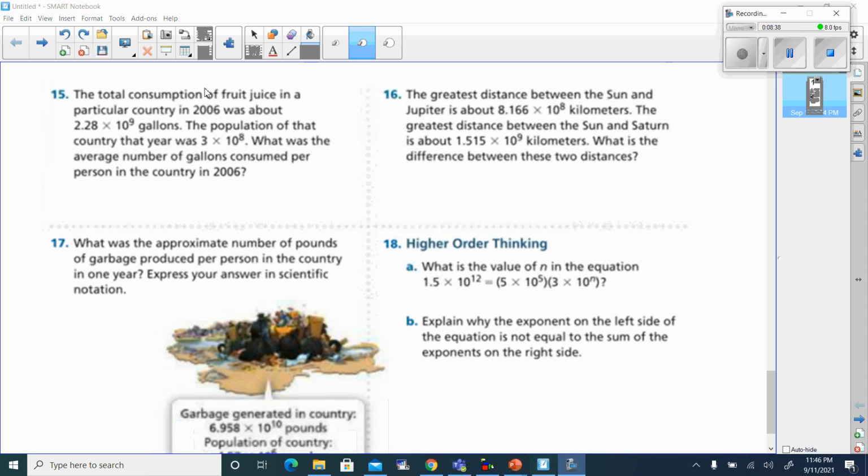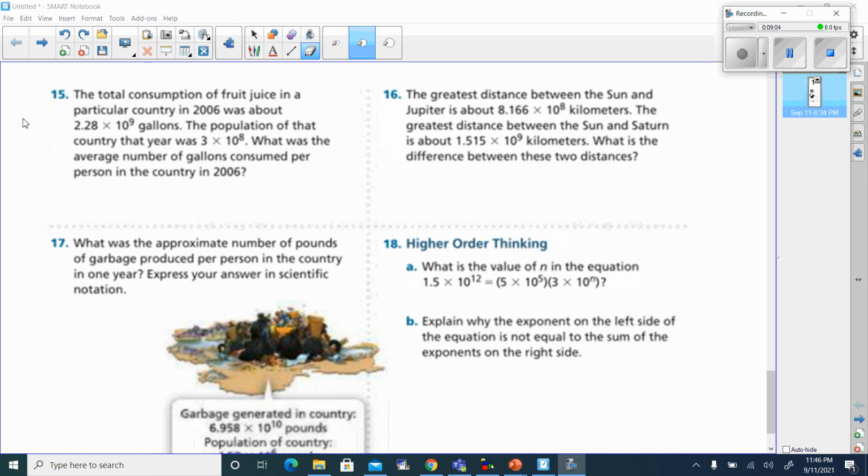This says the total consumption of fruit juice in a particular country in 2006 was about 2.28 times 10 to the ninth gallon. Population of that country that year was 3 times 10 to the 8th power. What was the average number of gallons consumed per person in that country in 2006?